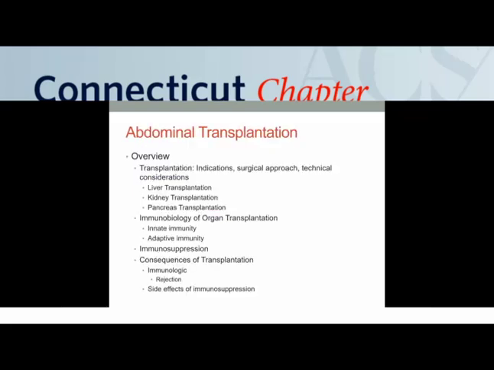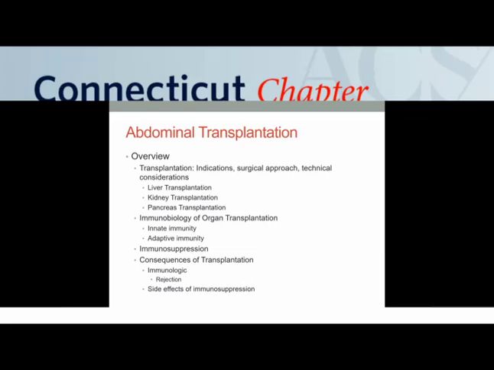All right, so abdominal transplantation, I don't think I need to explain what exactly that means, but basically it's liver, kidney, and pancreas transplantation, to a lesser degree, intestinal transplantation, which is a small part of the overall abdominal transplantation, but primarily we think of liver, kidney, and pancreas as the main organs.